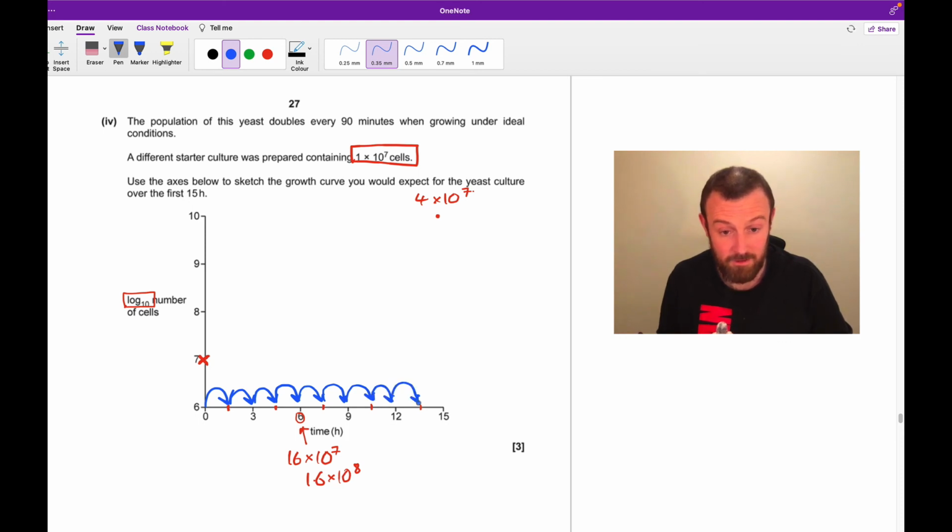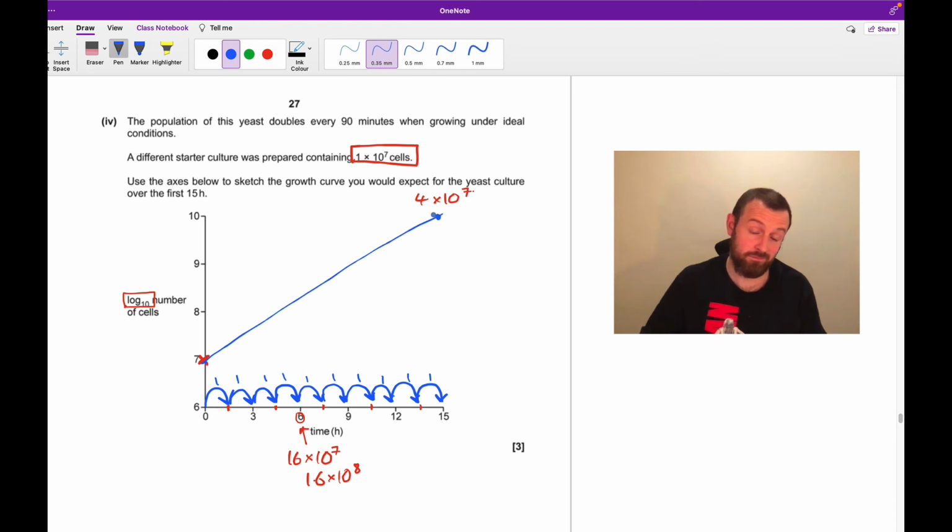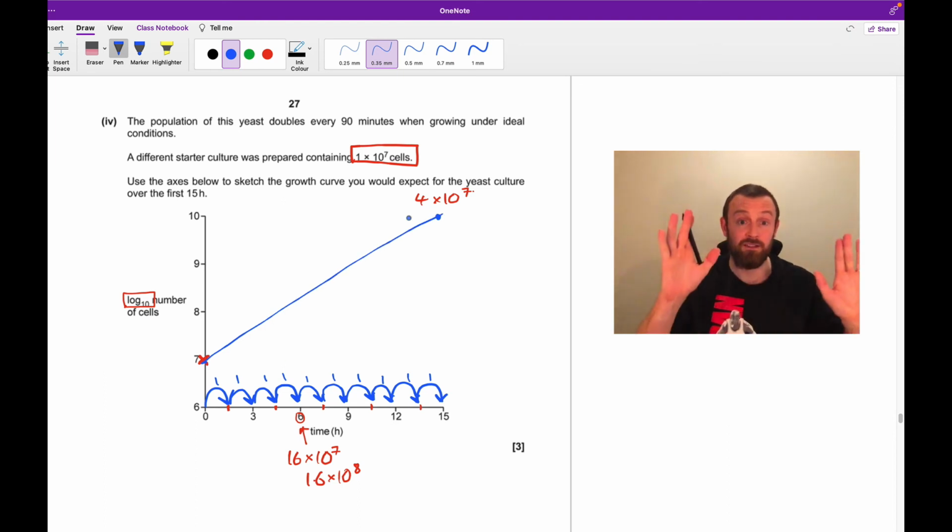How many times? That's 1, 2, 3, 4, 5, 6, 7, 8, 9, 10. Goodness. And then you get a number, and you plot it, and you work out how many times 10 to the what it is, and it'll be up here. And it's a straight line. It goes like that. It's really hard, that question. Well done to the person who got it right.